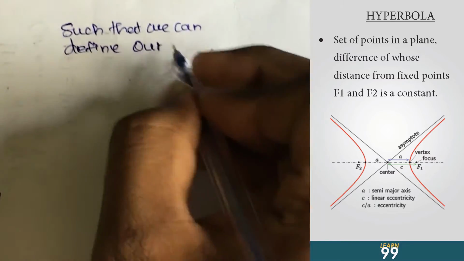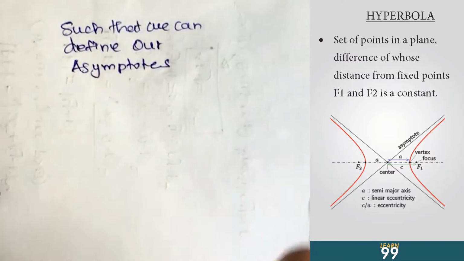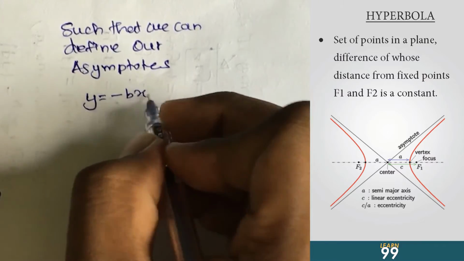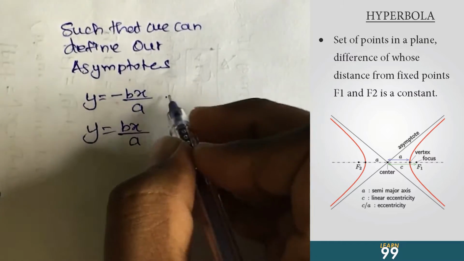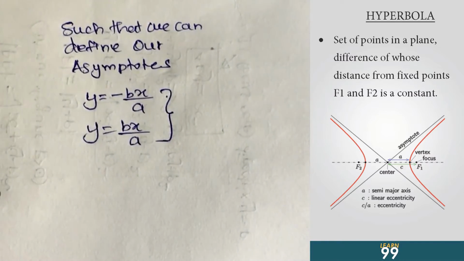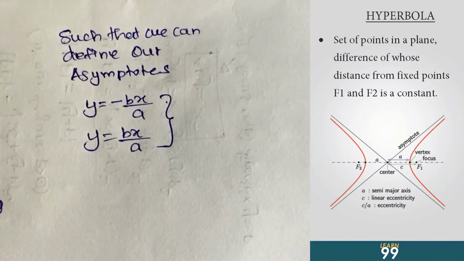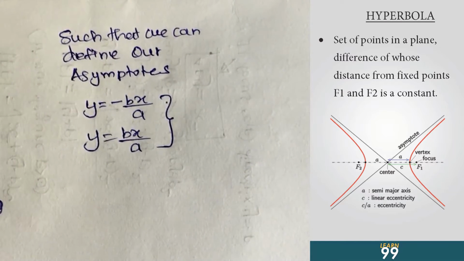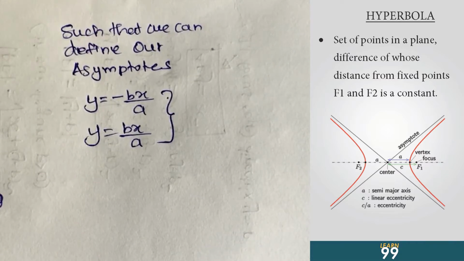Such that we can define our asymptote as y equal minus bx over a, also y equal bx over a, which means our y value never gets those values, but when we increase our x towards infinity, we may reach that y value.